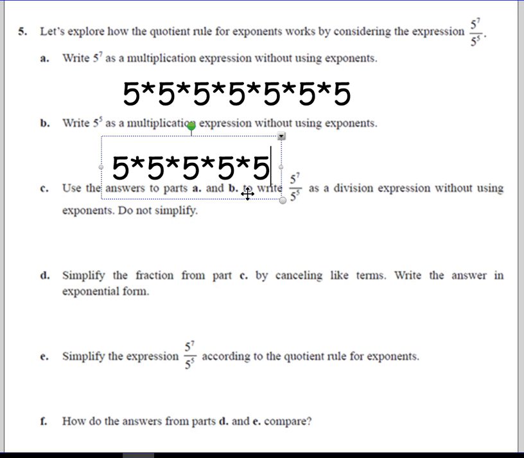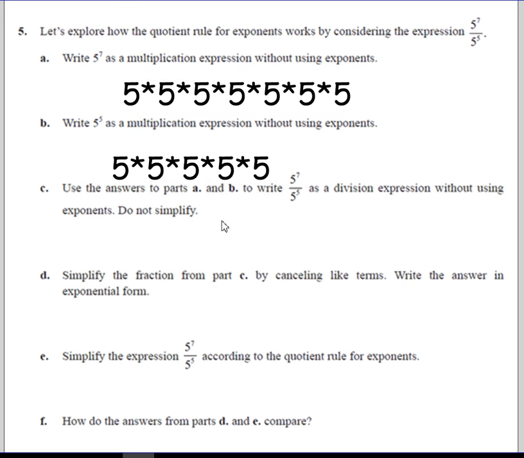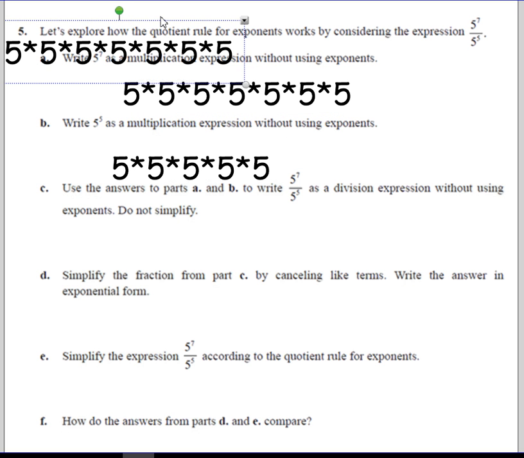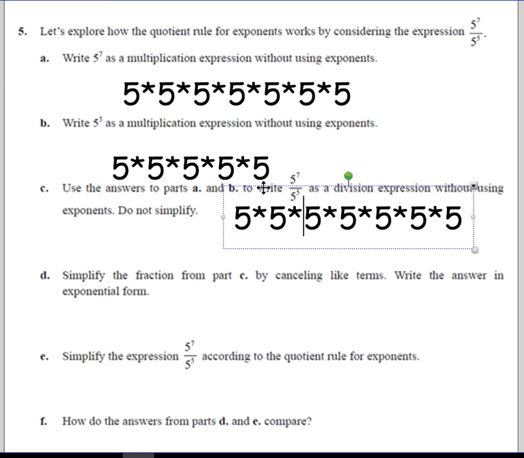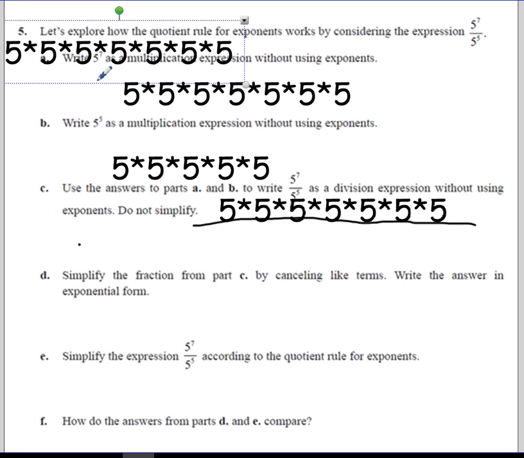So we're going to put our 5s, that are 7 of them, on the top. And we're putting that over, so let me draw a big fraction bar. And then 5 of them on the bottom.